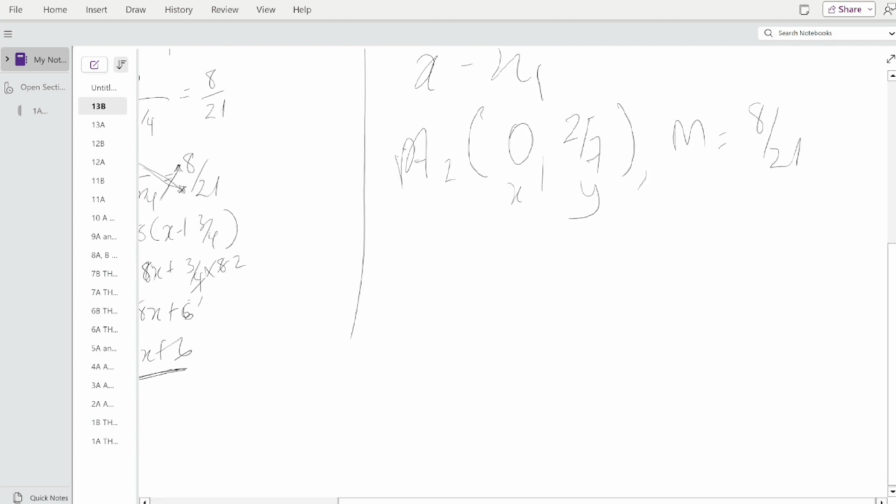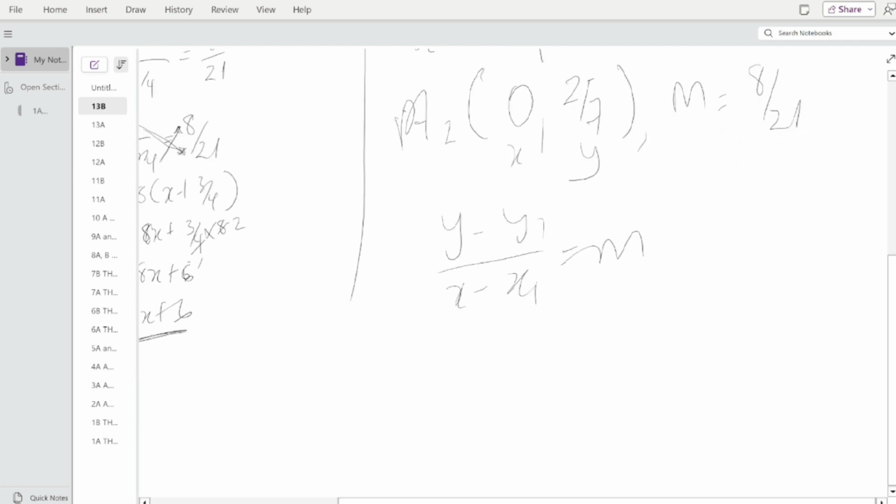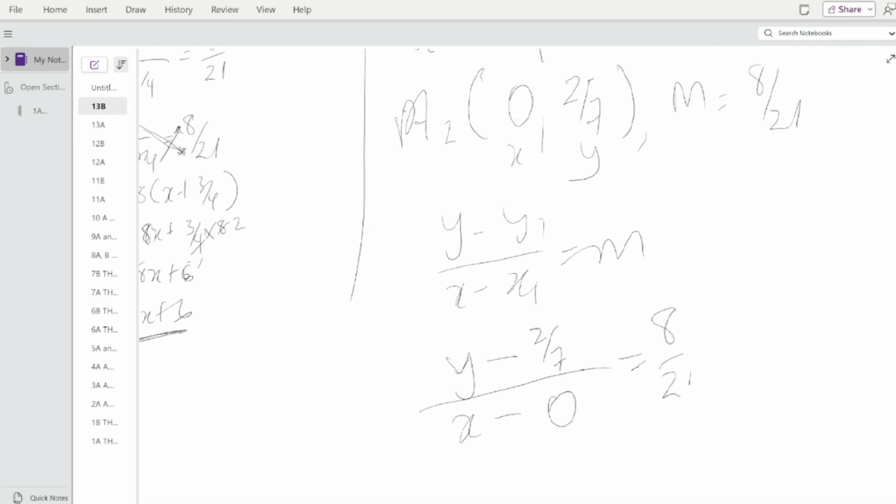And the formula for finding the equation of a line is y minus y1 over x minus x1 equals m. Our y minus y1, our y1 here is 2 over 7, over our x minus x1. Our x1 is 0, as seen here, equals our gradient, which is 8 over 21.